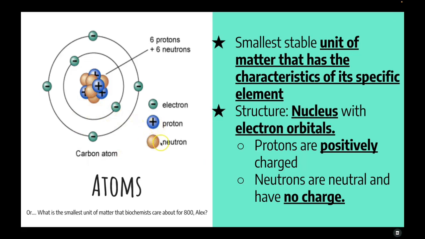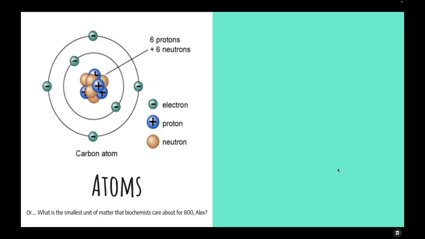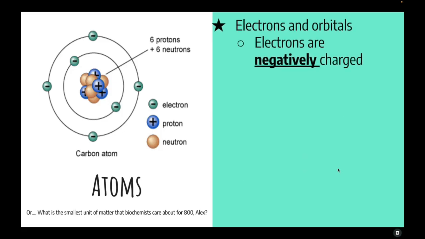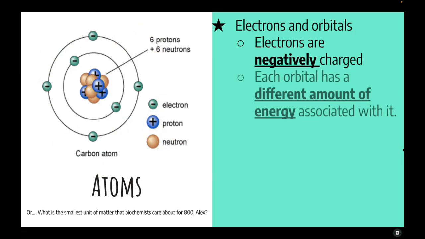Your protons and neutrons and electrons. So protons are positively charged, and they're located in the nucleus, and neutrons are neutral and have no charge. They're also located in the nucleus. We already said that electrons are negatively charged and they're found in the orbitals around the nucleus.